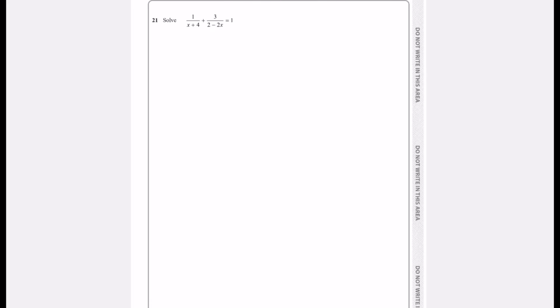Question 21, solve. So we've got algebraic fractions. Let's add the fractions together first. To add fractions, we need the denominators to be the same. So I'm going to multiply top and bottom of the first one by 2 minus 2x. And I'm going to multiply top and bottom of the second one by x plus 4.